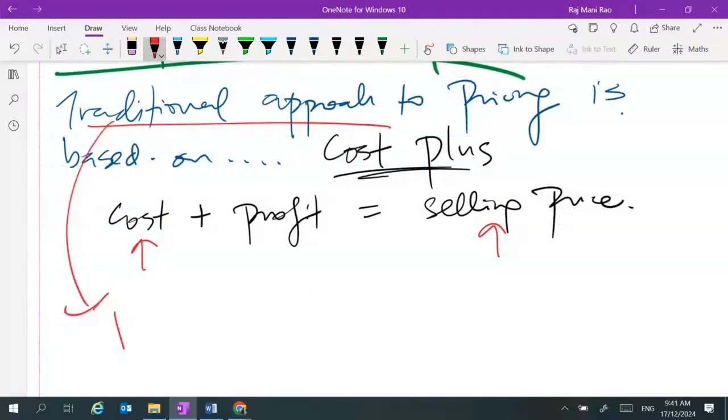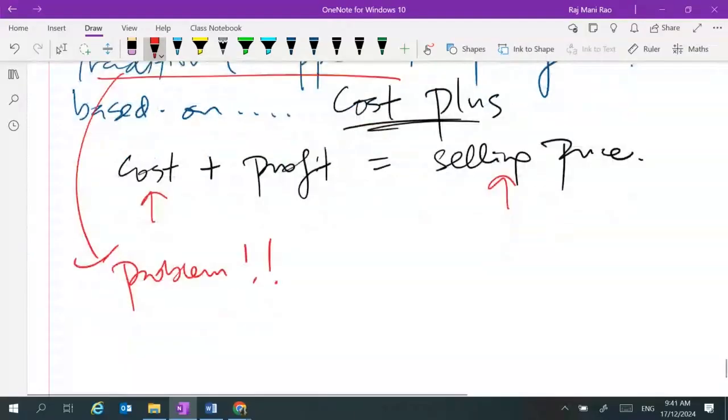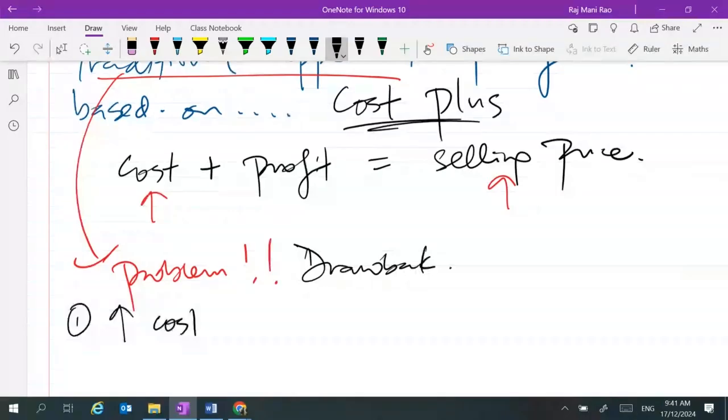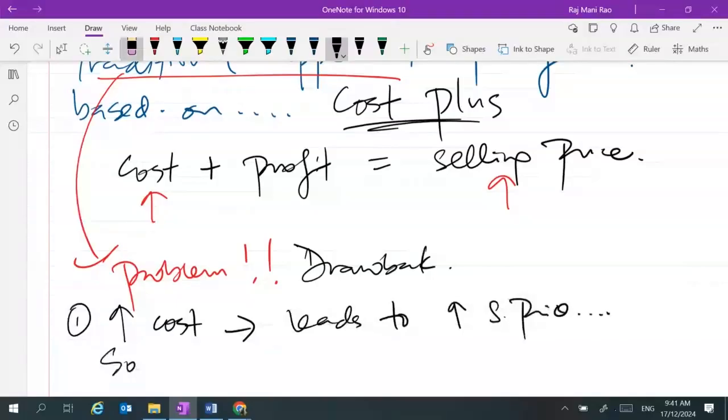So what is the problem with this? What is the drawback? High cost leads to what? High selling price. So who has to pay?